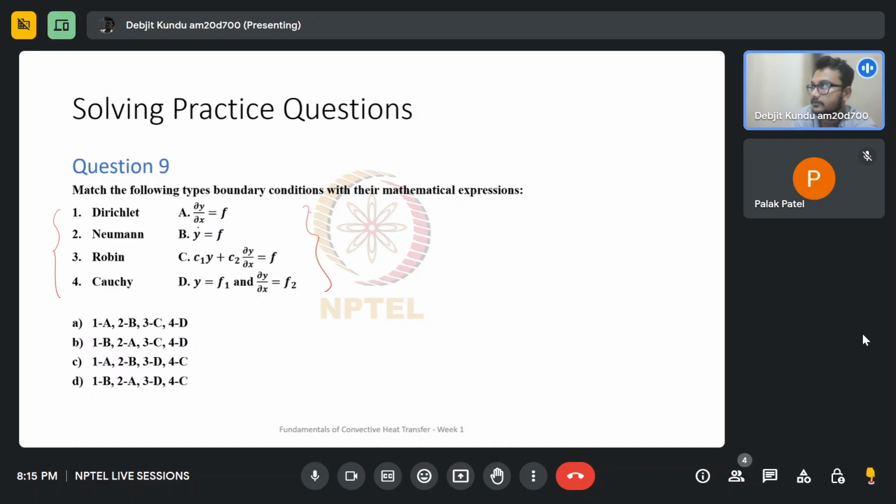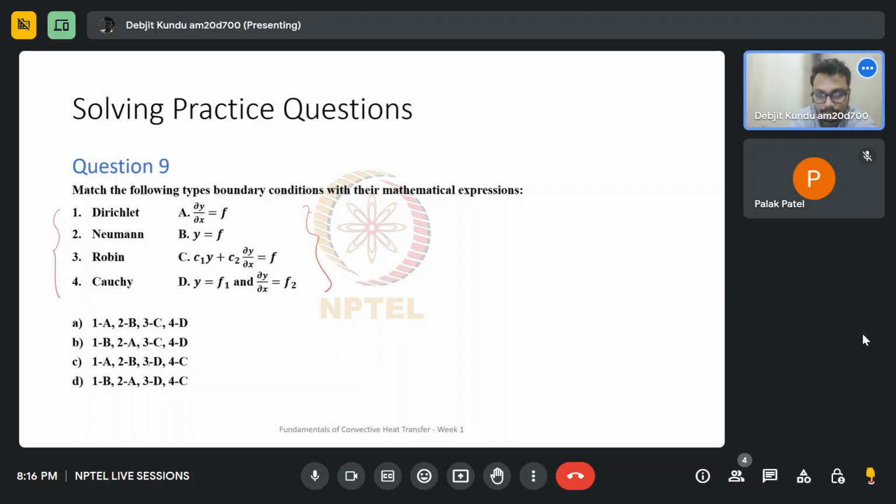So the goal here is to match them. So we have option A, ∂y/∂x equal to some f. Option B है y equal to f. Option C, c1y plus c2 ∂y/∂x equal to f. And option D, y equal to f1 and ∂y/∂x equal to f2. तो इनको मैच करके कुछ ऑप्शंस मिलेंगे which should be among option A 1A 2B 3C 4D, or 1B 2A 3C 4D, or 1A 2B 3D and 4C, or it could be 1B 2A 3D and 4C.